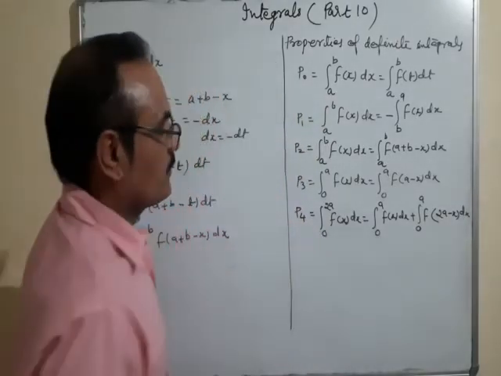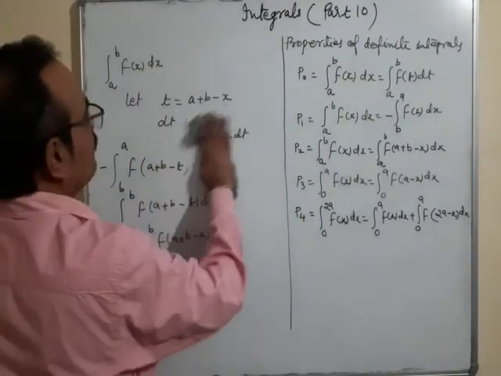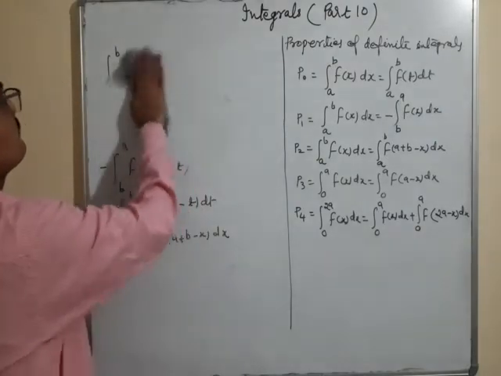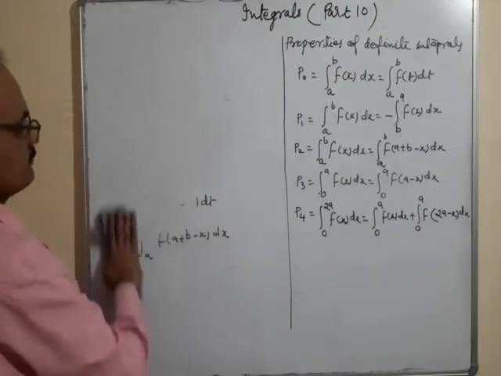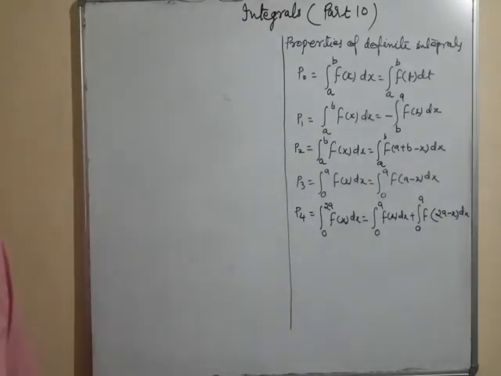Okay, this is P4. Let us understand this property P4. What is it? Integral 0 to 2a f of x.